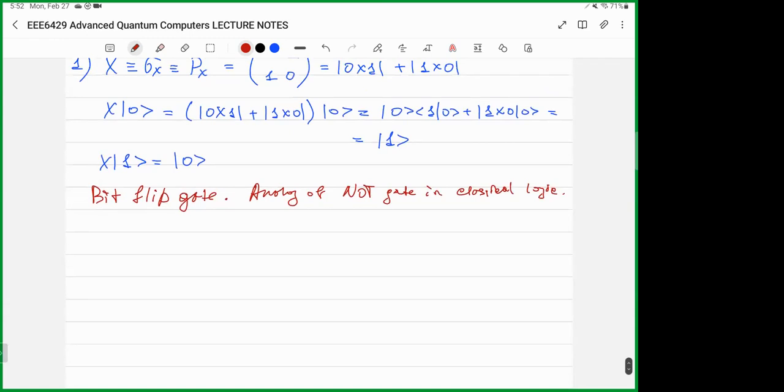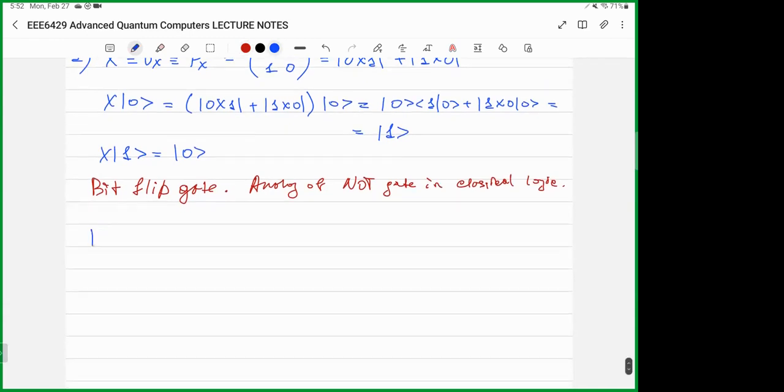Let's take another state and act this X gate on a state, let's say state plus. What will I get?